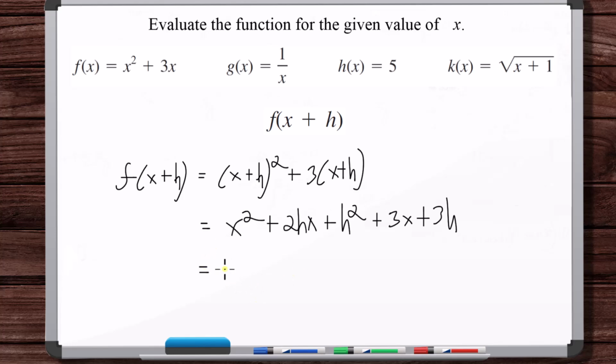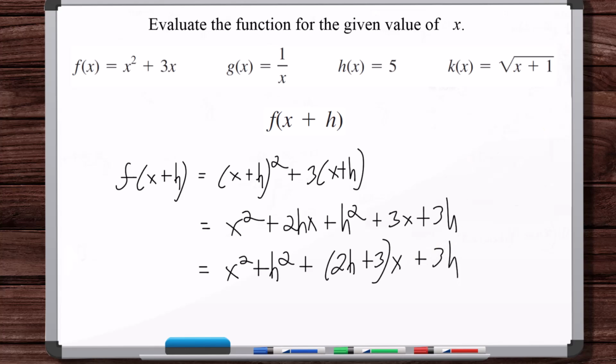So we've got, let's see, x squared plus h squared plus, I guess we could do 2hx plus 3x plus 3h.